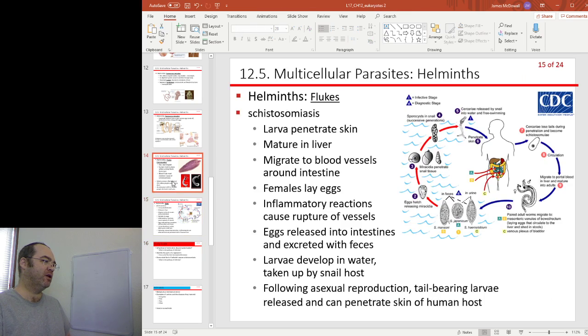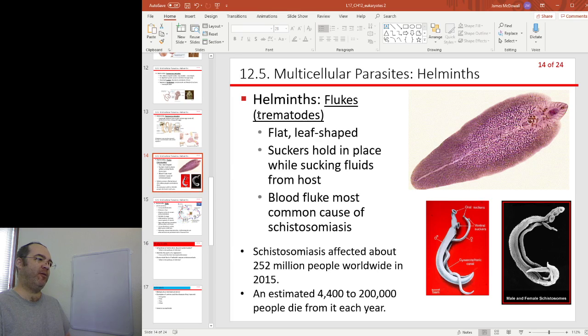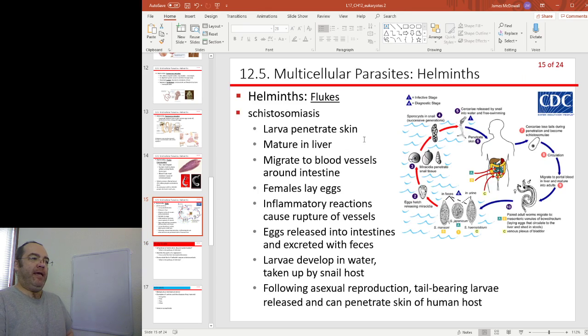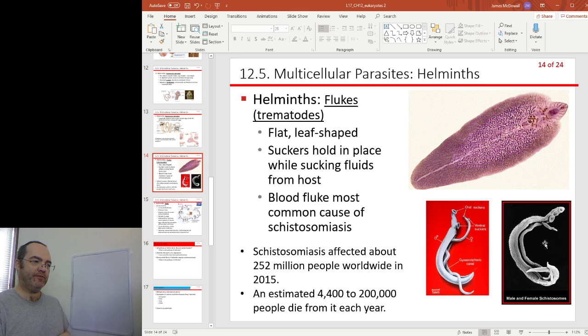Schistosomiasis is caused by a trematode or a fluke. Its pathway of infection: the larvae penetrate, mature in the liver, get into the blood, and find their way to the blood vessels around the intestines. The male and female form these pairs, going through sexual reproduction and producing lots and lots of eggs.